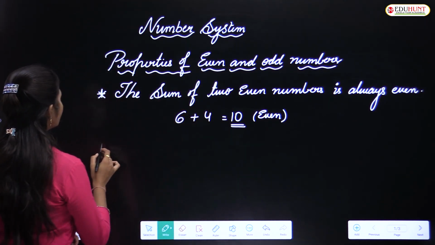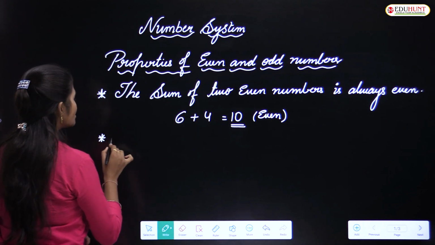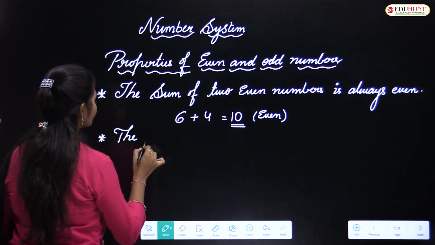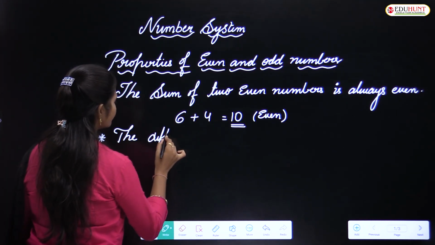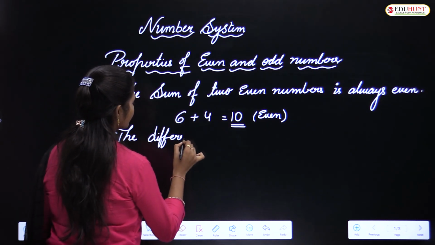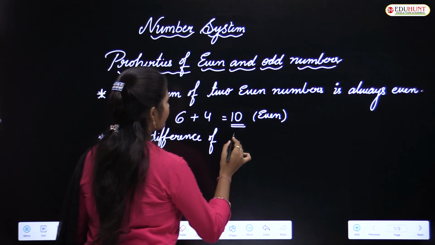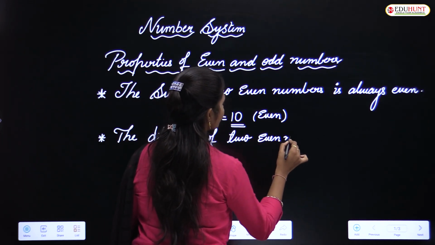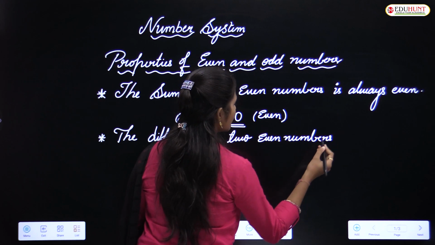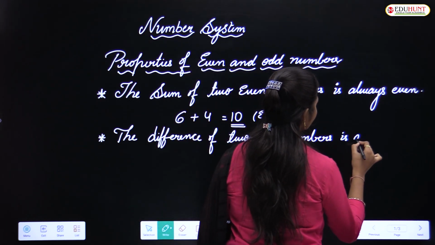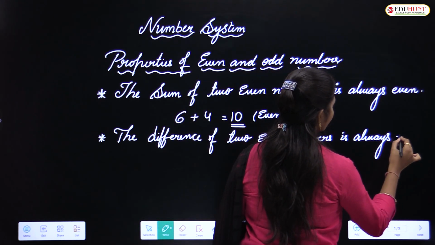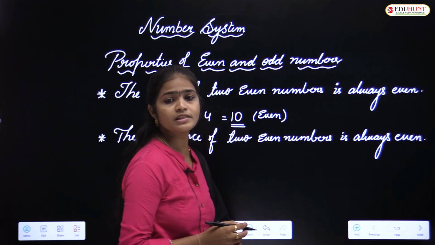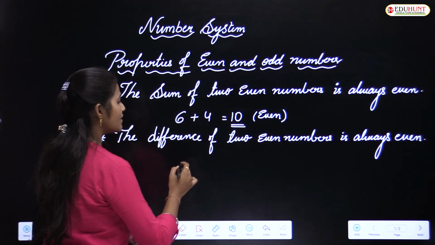Clear? So the next one is the difference of two even numbers. The difference of two even numbers is always even, I am saying.